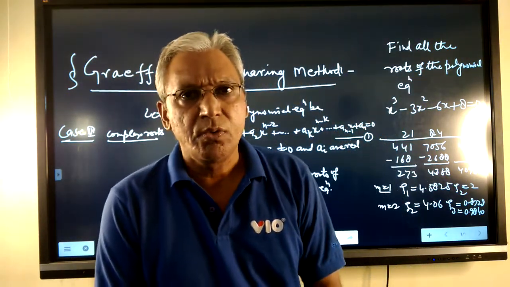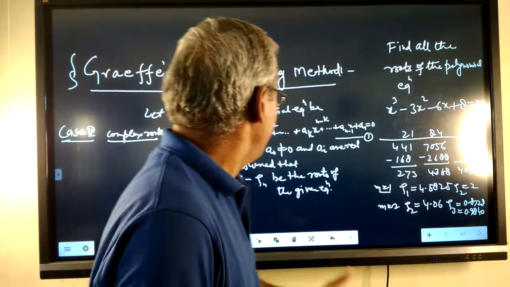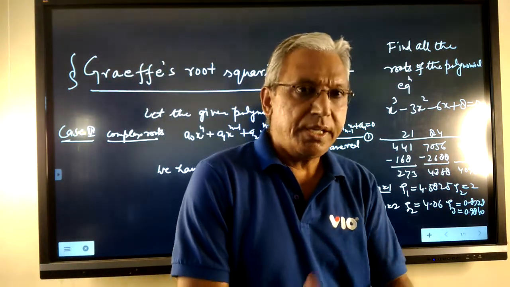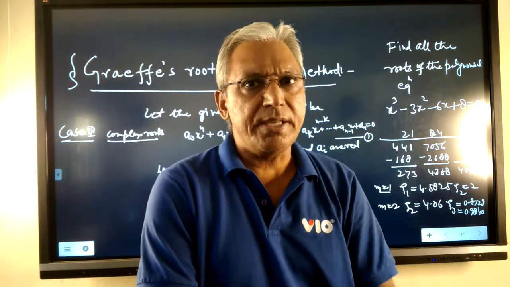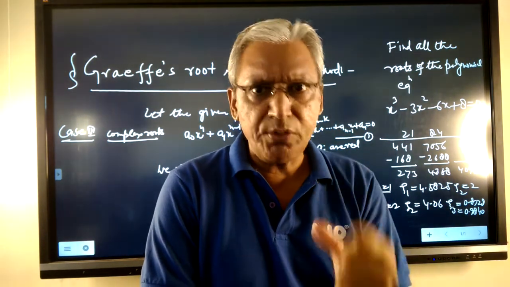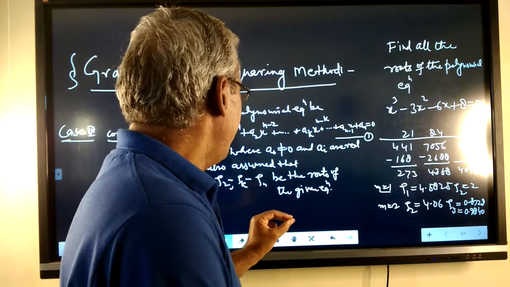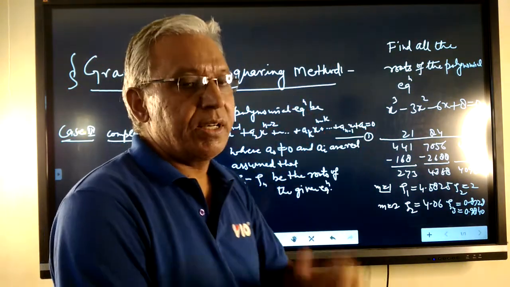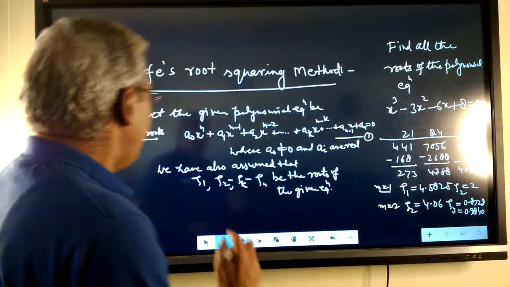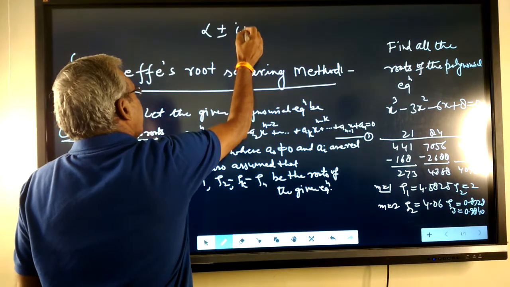If we observe that the coefficients of x to the power n minus k in the squaring process fluctuate both in magnitude and sign, then xi k and xi k plus 1 form a complex pair, alpha plus minus iota beta.